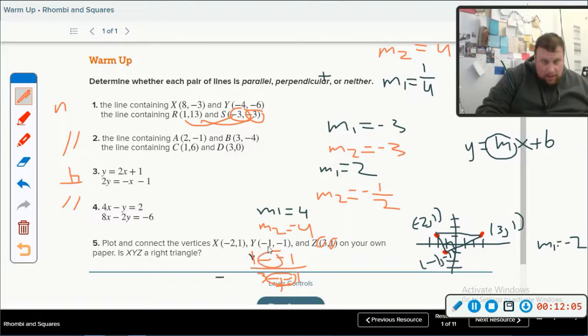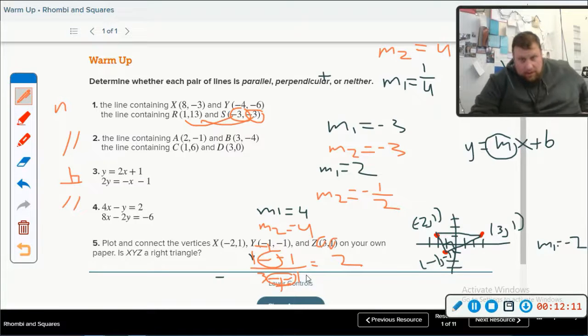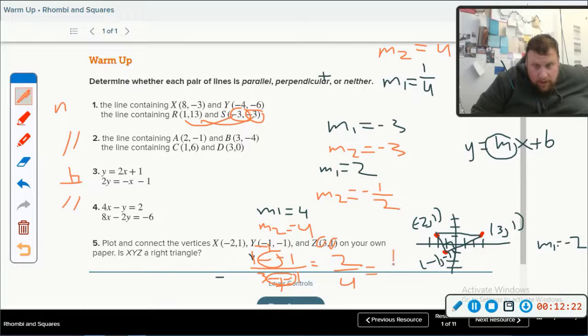That's going to be a plus. 1 plus 1 equals 2. 3 plus 1 equals 4. So that equals +1/2. Right? And is 1/2 the negative reciprocal of -2? Absolutely. That is. So these are indeed perpendicular.